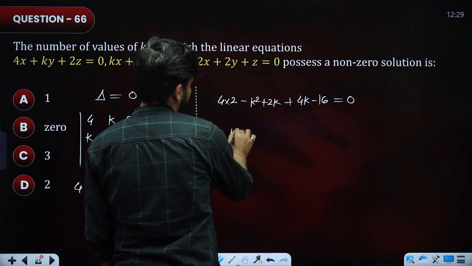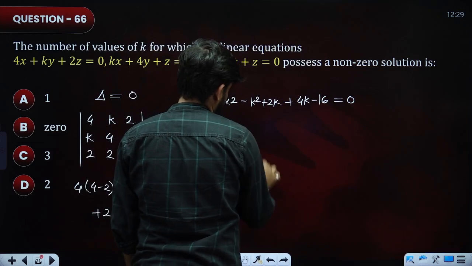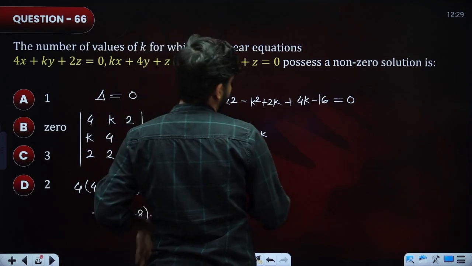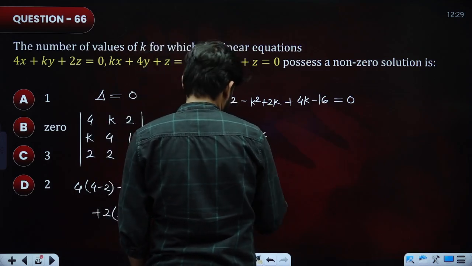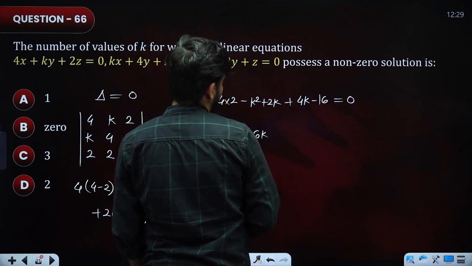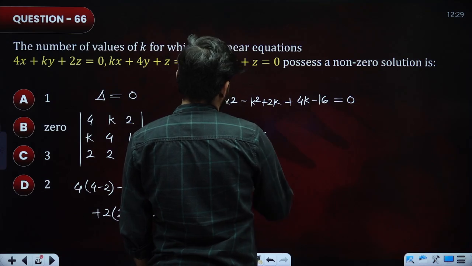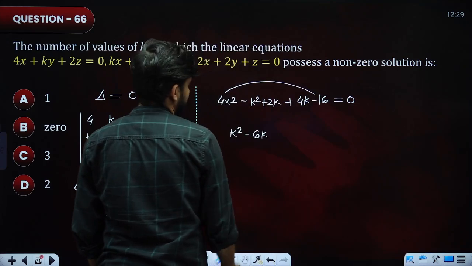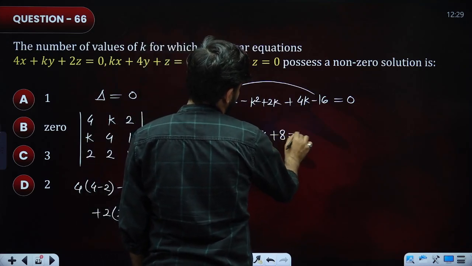Therefore we can write k square minus 6k, and here it is 8, 8 and minus 16 is minus 8, so we can take plus 8 equals to 0.